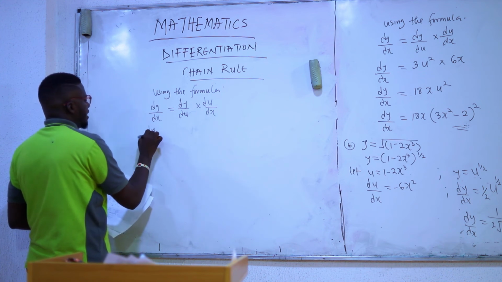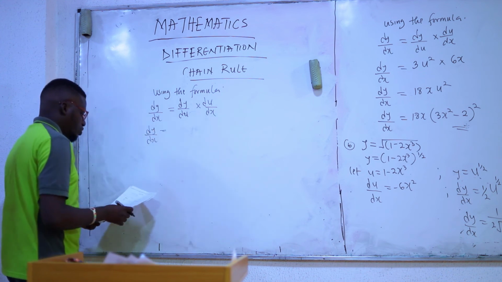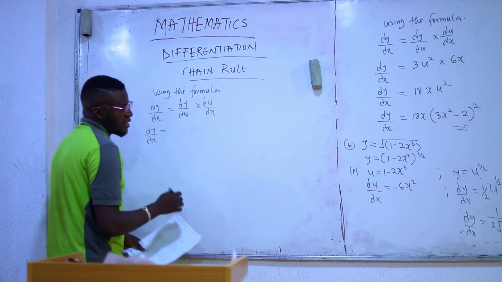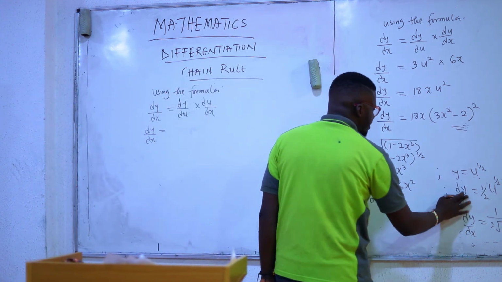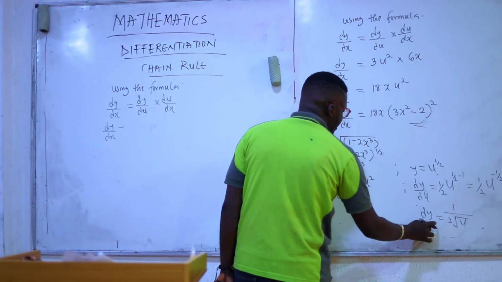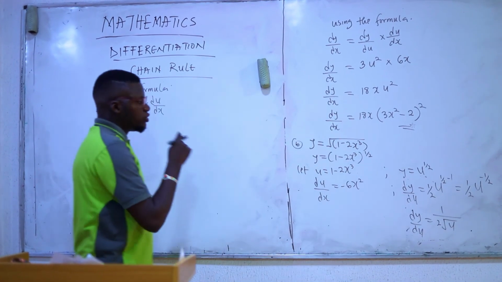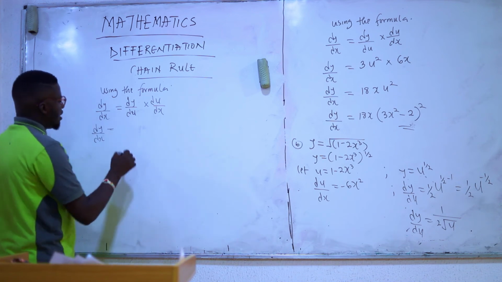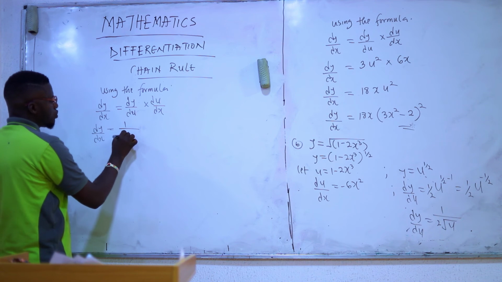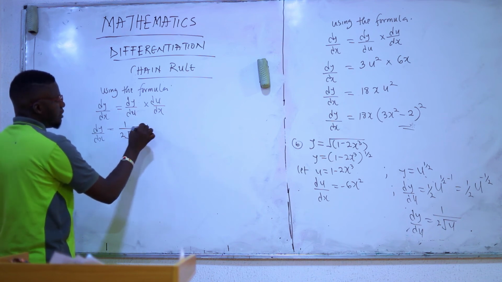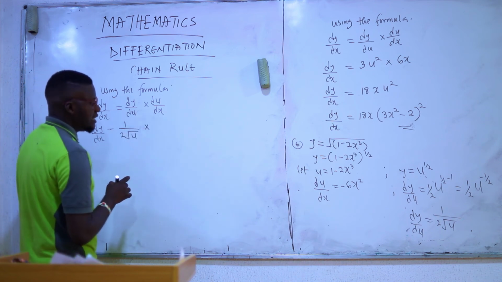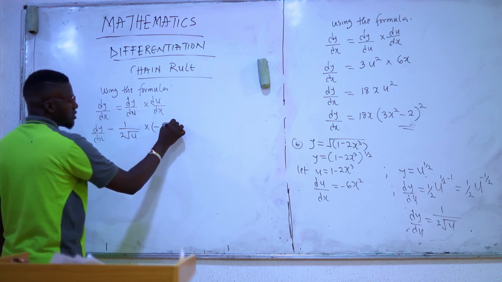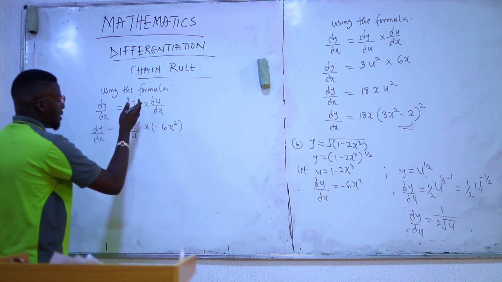My dy over du, I'm differentiating with respect to du, not dx. So my dy over du is 1 over 2 square root of u, then multiplied by my du over dx, which is minus 6x squared. That's my du over dx.